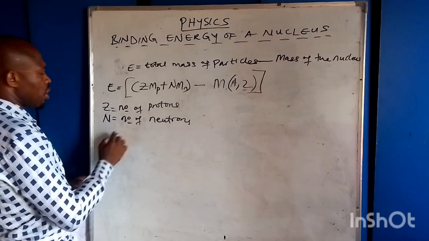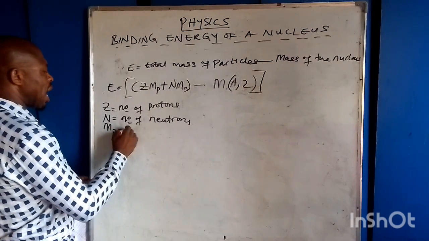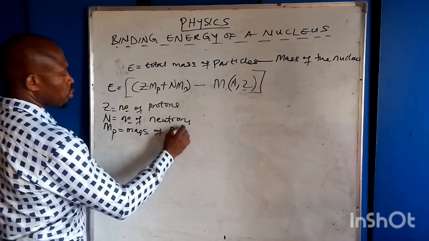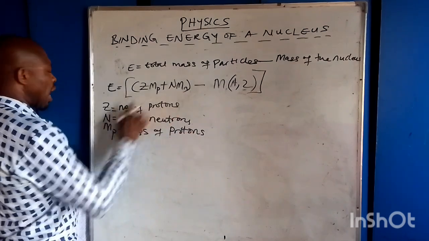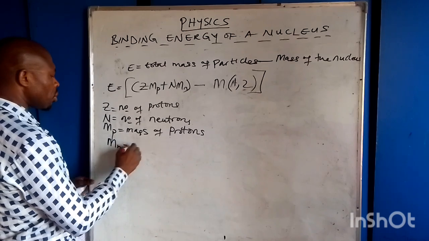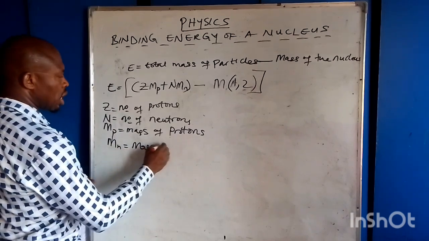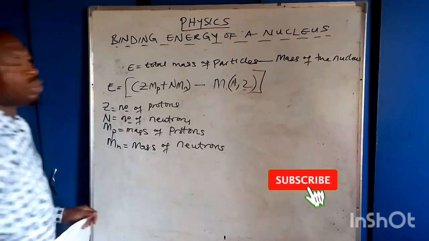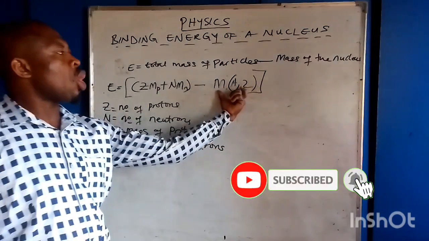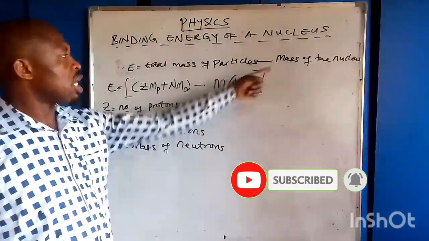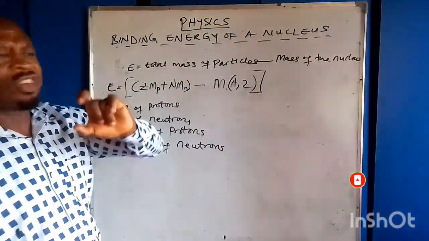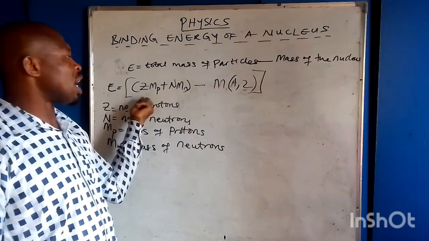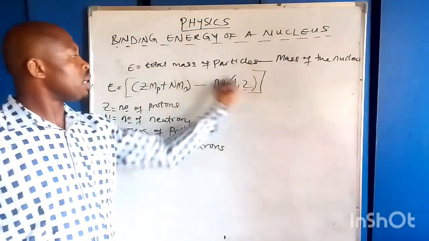Now Mp is the mass of protons, while Mn is the mass of neutrons, while this one is the mass of the nucleus. Any nucleus given to you, they will give you the mass, or they might ask you to get this in order so that we can get this.